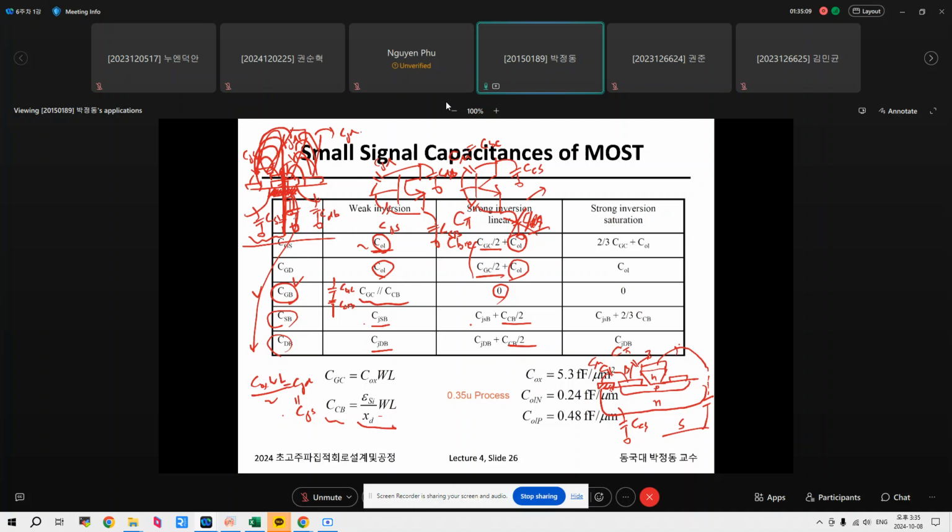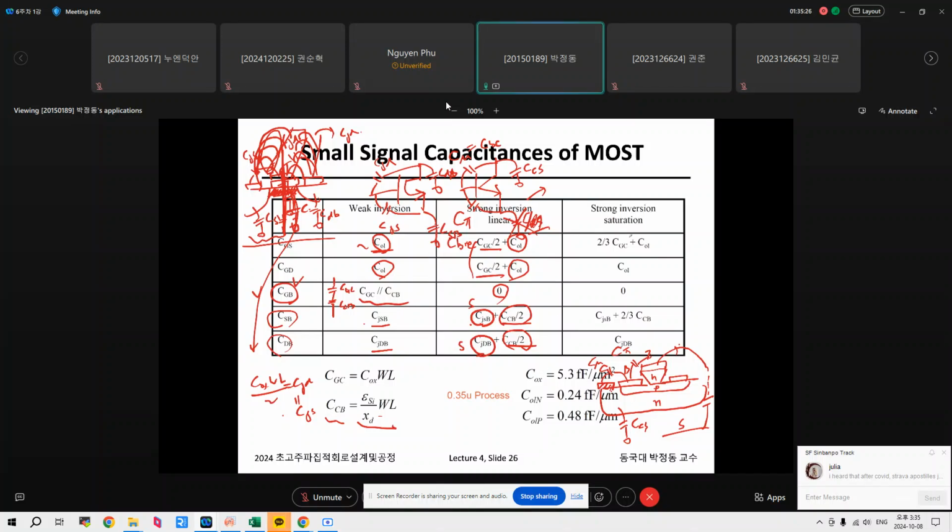Channel to body capacitor, and we divide it by half. Then channel to body, and this is junction at source, junction at drain, which is an intrinsic junction cap. That's what it is.